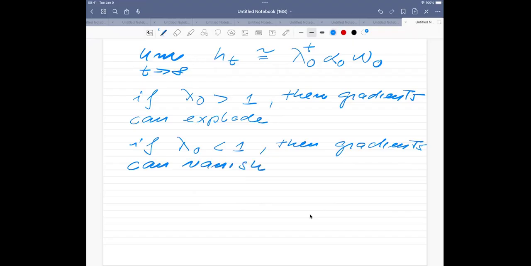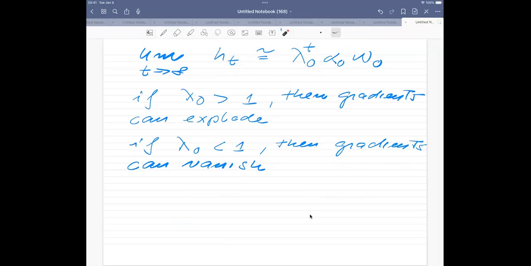Because if you have the same weights and you are repeating this operation till the final layer, then clearly if t is a large number and lambda 0 is larger than 1, this term can become very large. And if that term is large, there is a risk that when you calculate the derivative, it can actually explode.